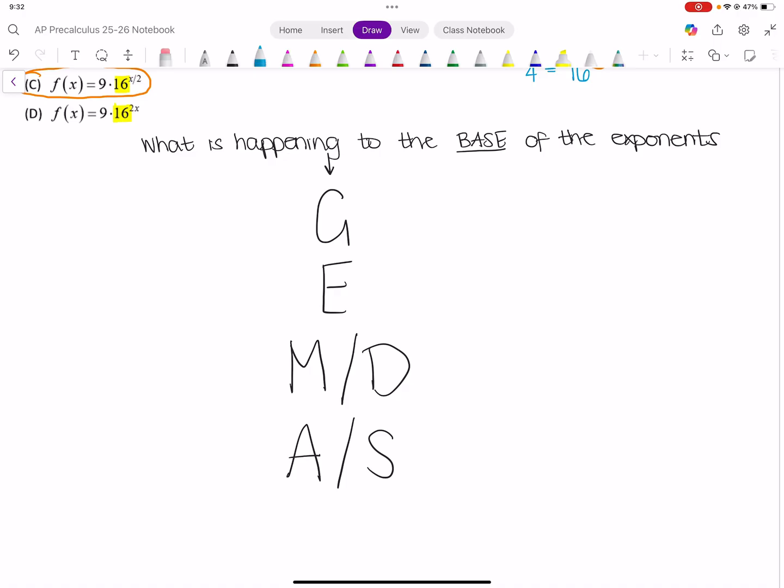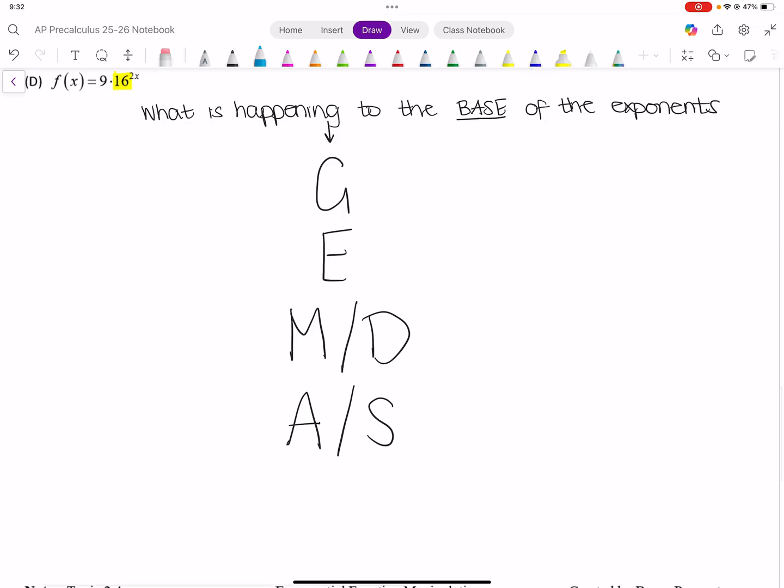So remember, G stands for grouping, which we haven't really looked at. E stands for exponent. And when you have an exponent raised to another exponent, you drop down an operation and you multiply your exponents.